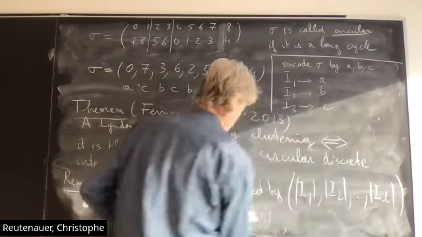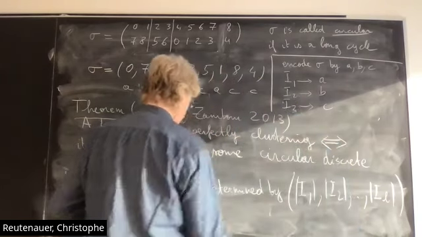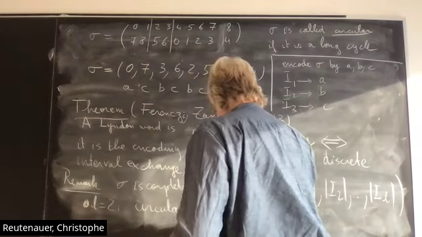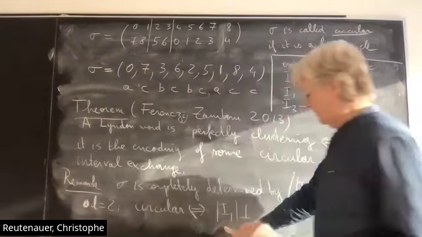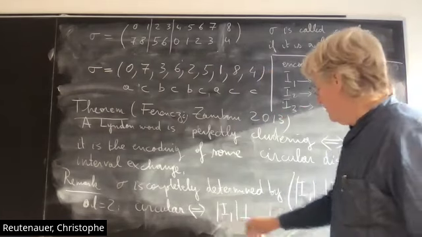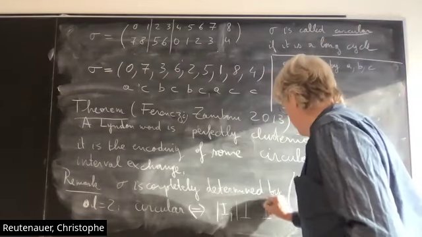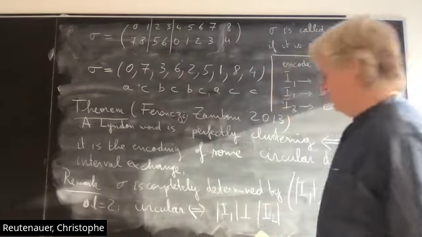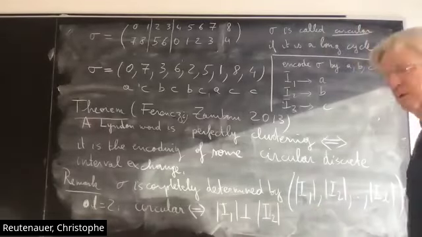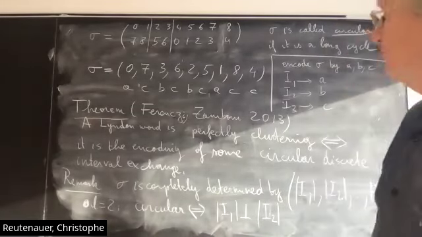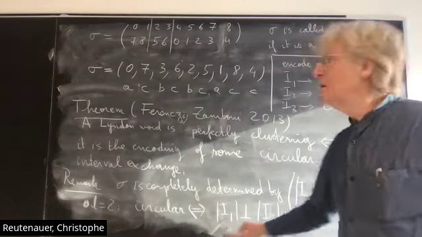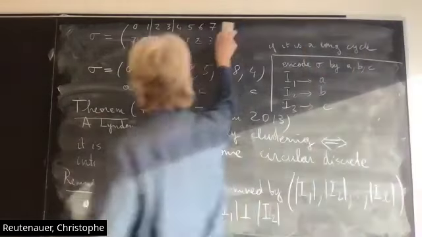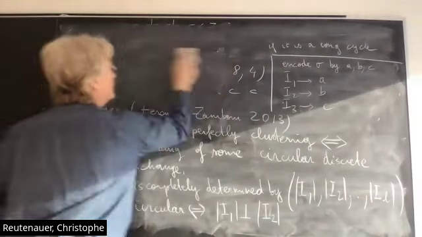Let me use the orthogonal notation. The cardinality of E1 is relatively prime to the cardinality of E2. This is known from the theory of Christoffel words and so on.